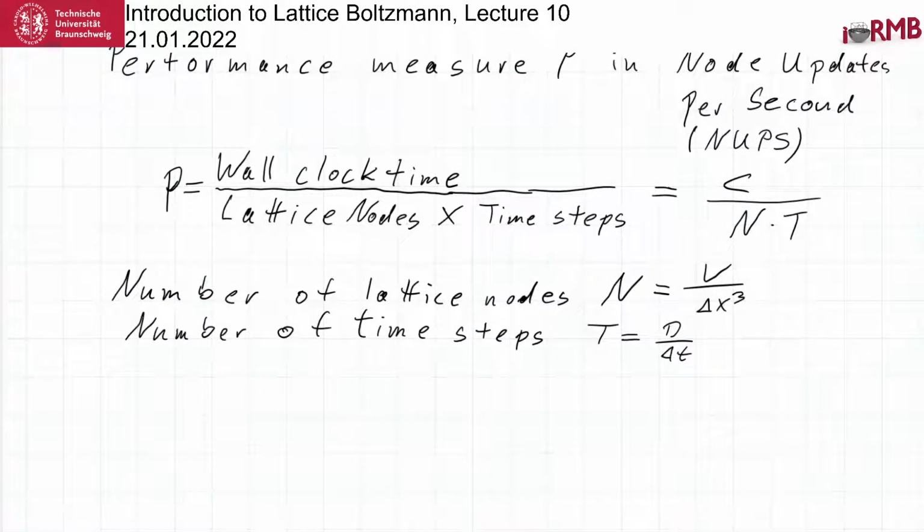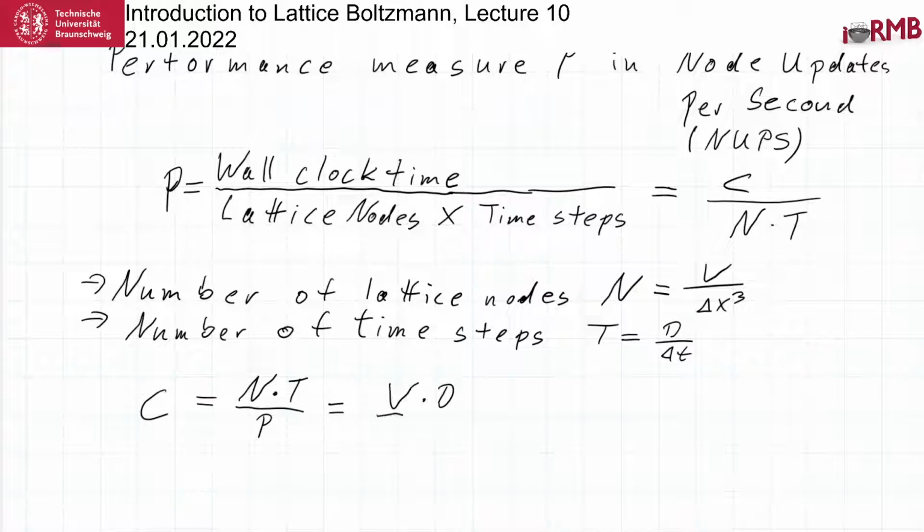So, okay, this is the performance. So we can rearrange this equation and say that the cost is the number of nodes in the domain times the number of time steps divided by the performance. Now we take these and put them in this equation, and now we get V times D. So this is our physical problem.